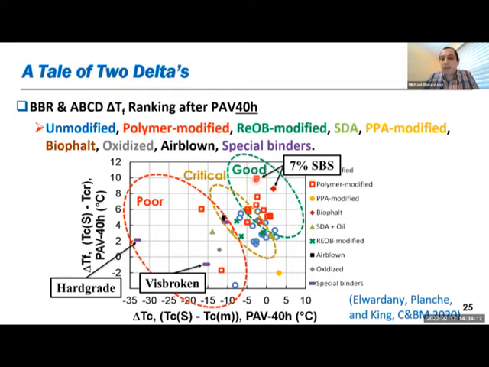And those are mainly 7% SBS. Those are the highest two binders here. And then as we go down, those are SBS modified binders and other elastomeric kinds of polymers. And then you can see the unmodified binders and the other binders that are air-blown, visbroken, or oxidized, or RUB or SDE.